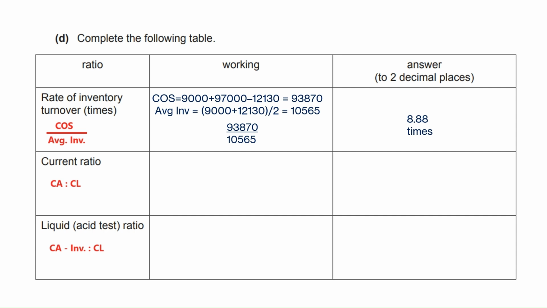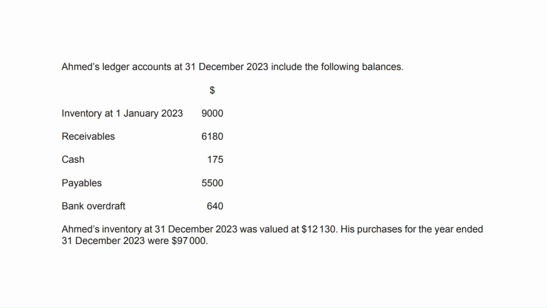Then current ratio. Let's try to figure out the current assets and current liabilities. Let's go back to the question. When it comes to inventory, we should use the closing inventory because we are trying to calculate the ratio at 31st December 2023. So use the closing inventory, which is 12,130, and closing inventory is a current asset. Then we have receivables, which is a current asset as well. So is cash.